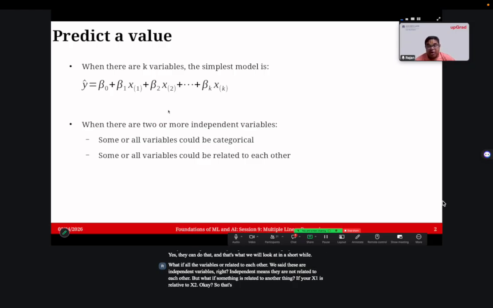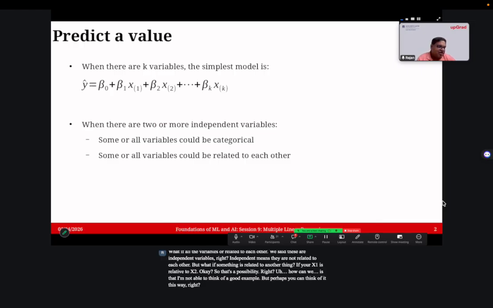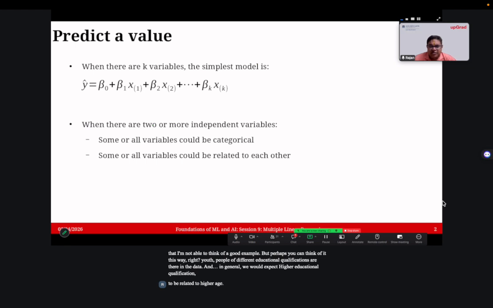Okay, so that's a possibility. I'm not able to think of a good example, but perhaps you can think of it this way. If people of different educational qualifications are there in the data, in general, we would expect higher educational qualification to be related to higher age, right?